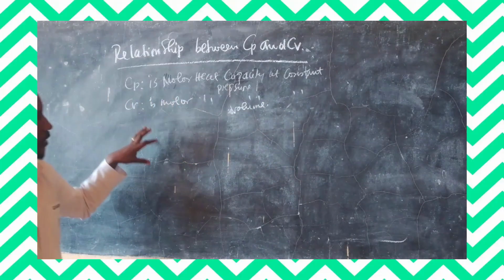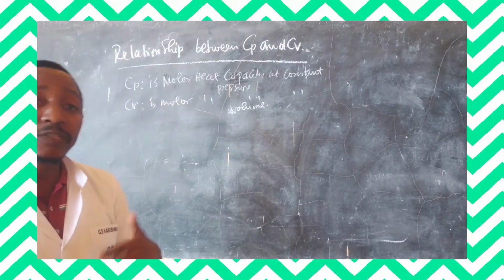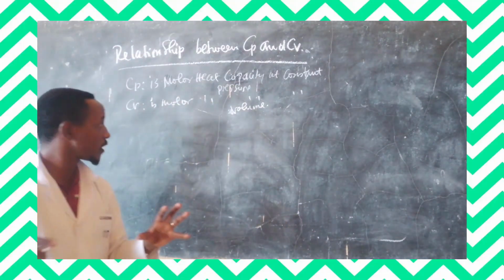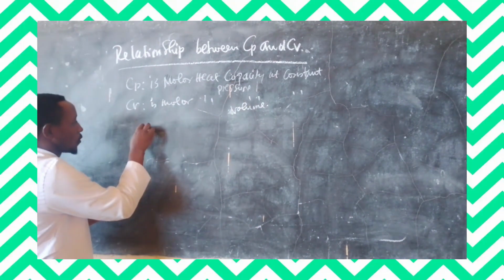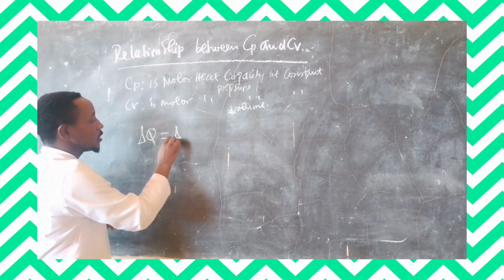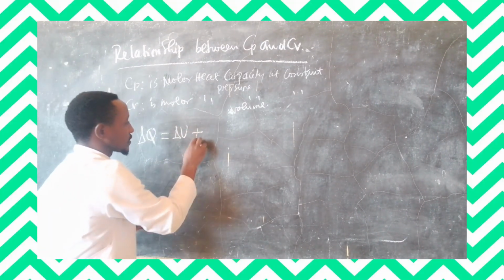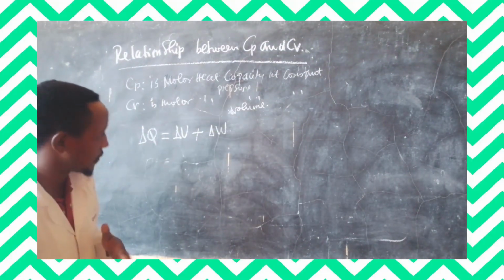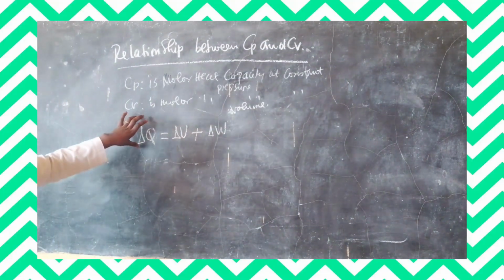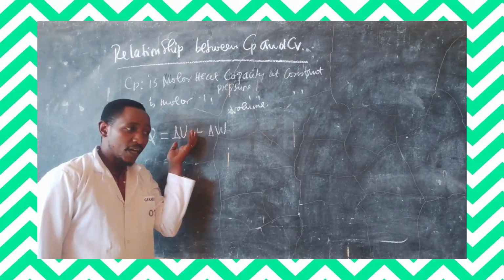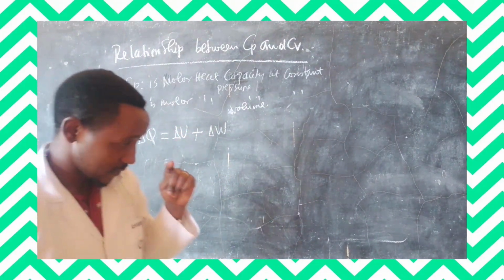To prove this, first of all, we use the first law of thermodynamics. The change of Q is equal to the change of internal energy plus the work done by the system. It means that the energy entering the system is equal to the internal energy plus work done by the system.